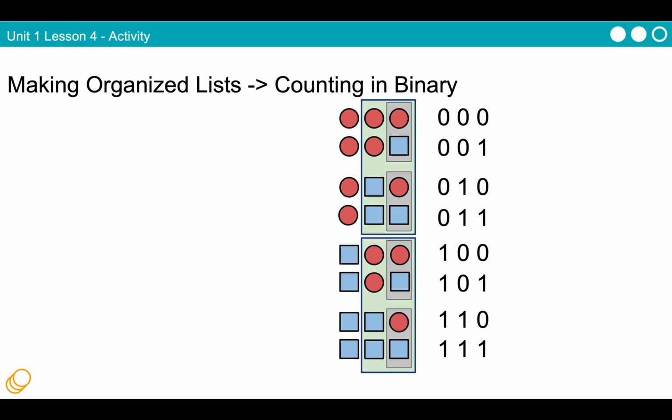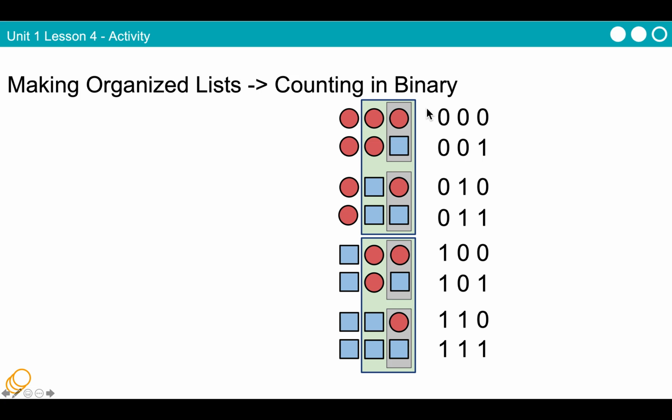So here we've got our organized list counting in binary. The bit over to the right, I'm going to refer to as the least significant bit. That's a computing term that will become more apparent as we move on. Over on the right is the least significant bit, and over on the left is the most significant bit.